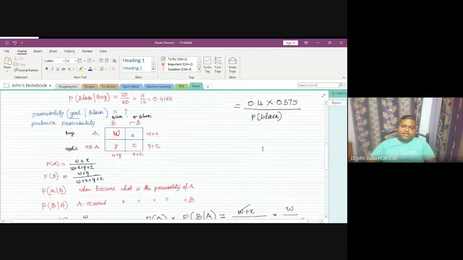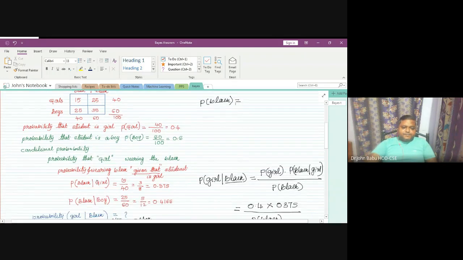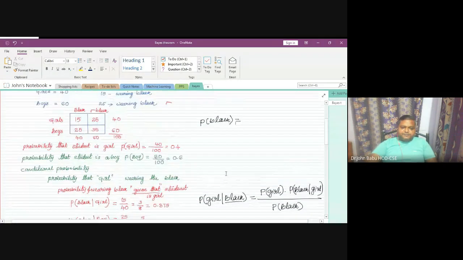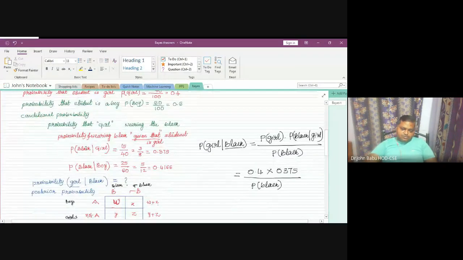The probability of black is the girl wearing the black, 0.375, into the girl's probability, 0.4.